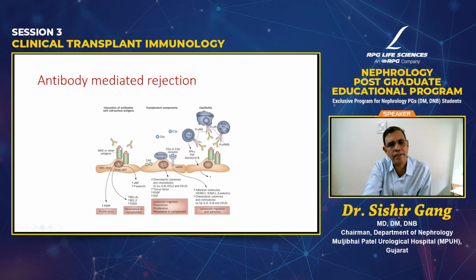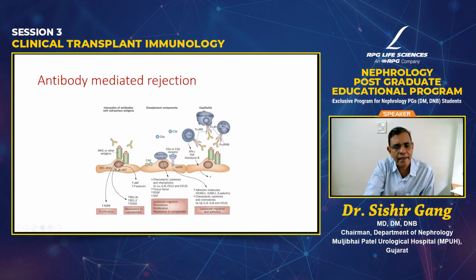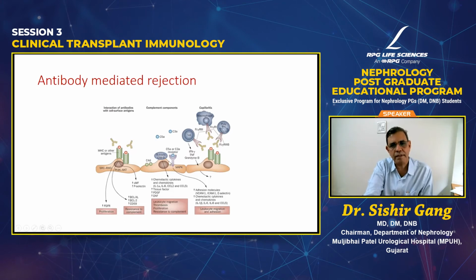They bind to the endothelial cells, and then they can directly result in some degree of damage to the endothelial cells. But more often, these antibodies which are bound would activate the complement component, that is, the classical complement pathway would get activated.